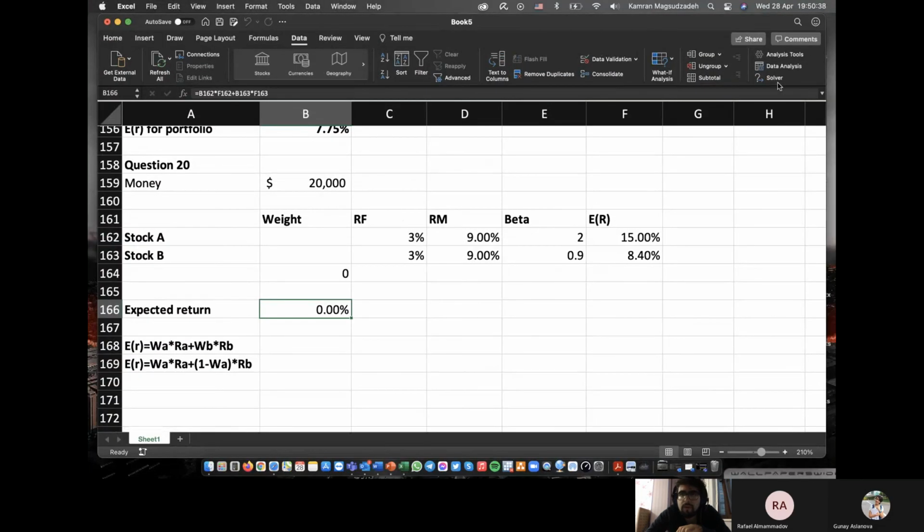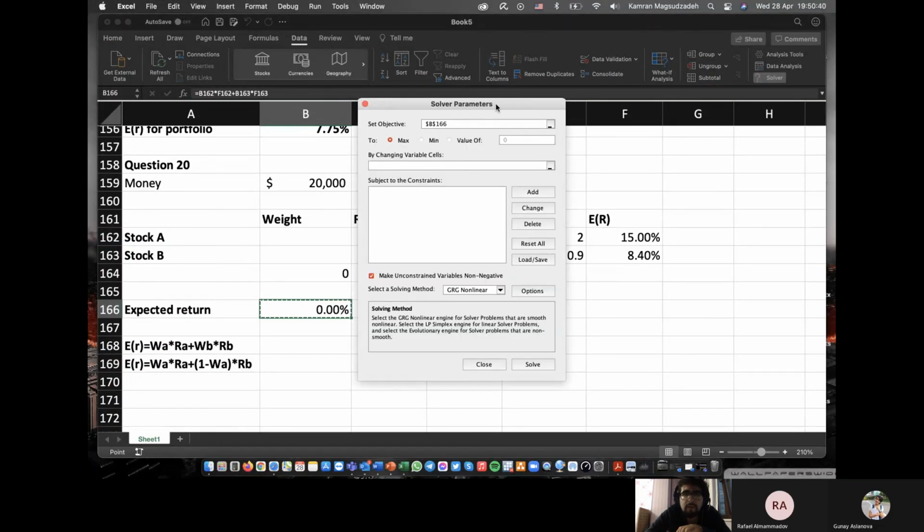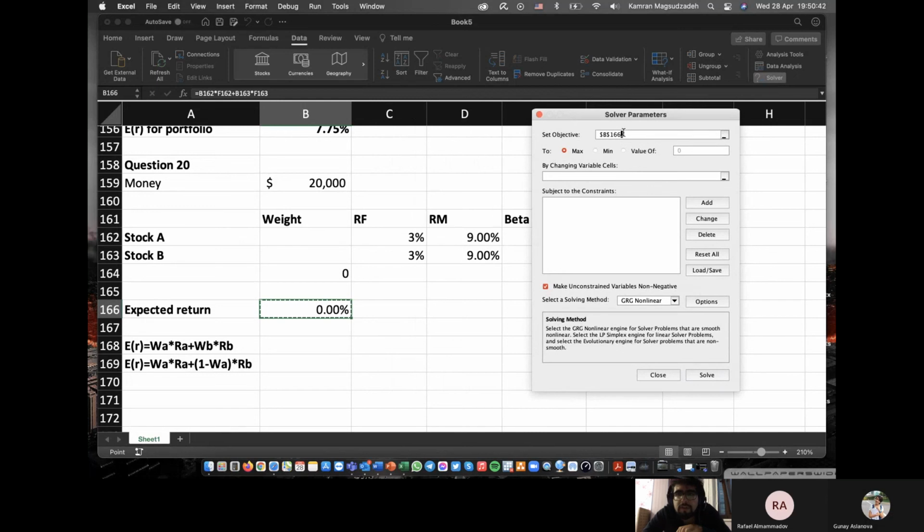Okay. Come to solver. Setting objective. Our objective is expected return. This expected return to the value of 13.86%. So we are giving Excel a command: please set our objective cell, expected return, to 13.86.